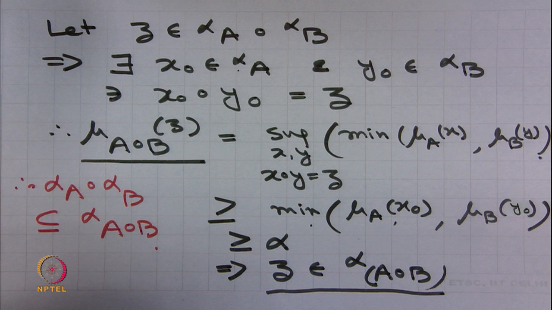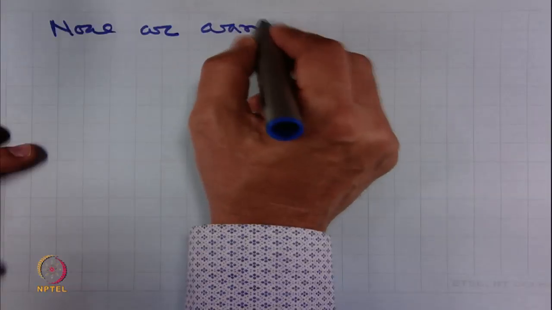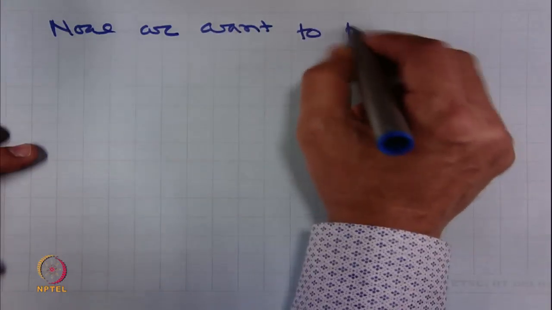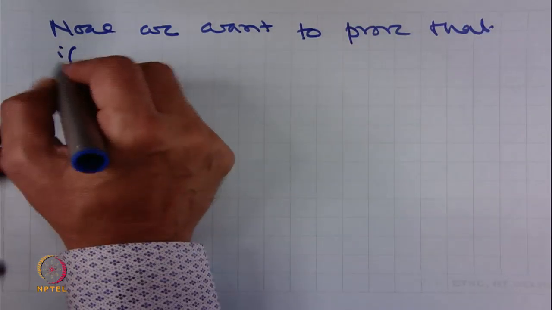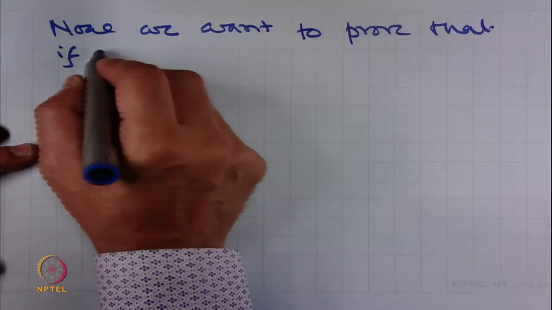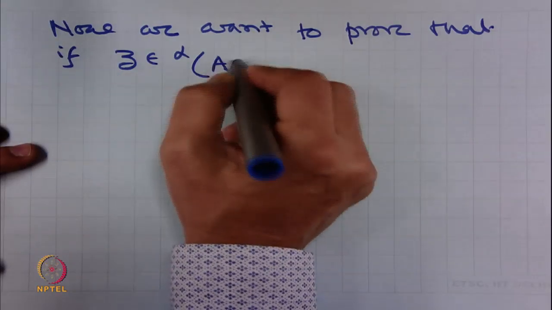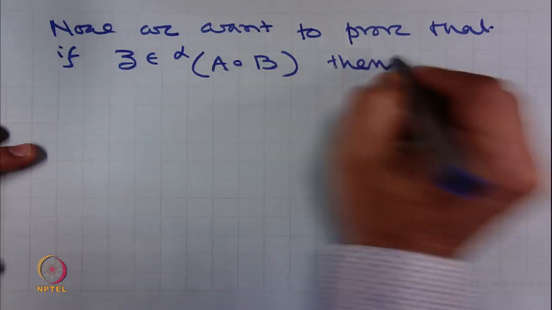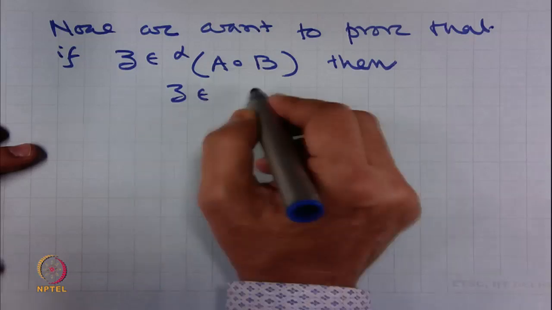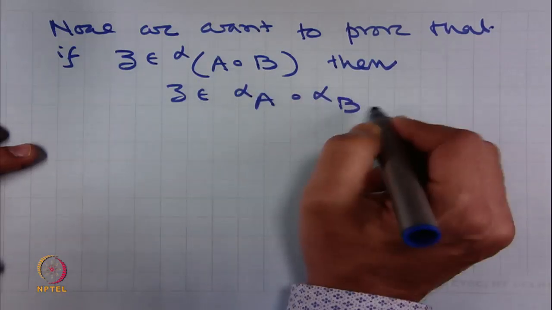Now, we want to prove that if z belongs to the alpha cut of A * B, then z belongs to the alpha cut of A * the alpha cut of B.